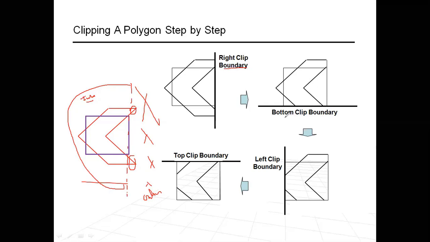So here we have taken, let's say, bottom. So the bottom line is drawn. Now when I draw a bottom line here, what does it mean? On this resultant, whatever is below it will be outside, and whatever is above this bottom will be treated as inside.